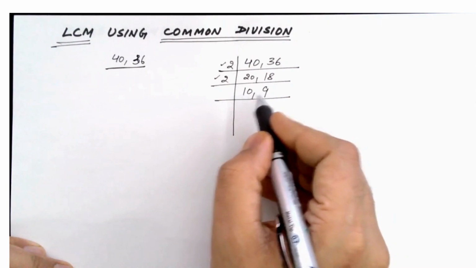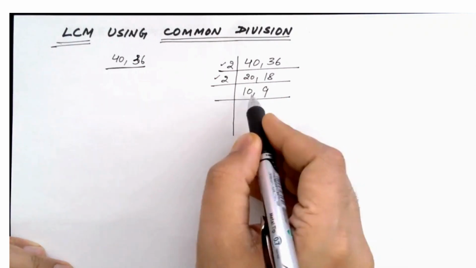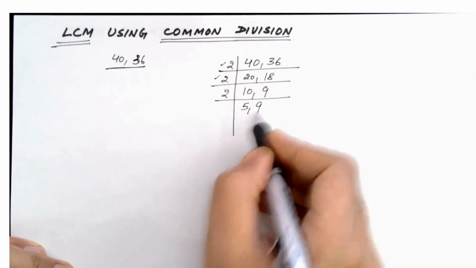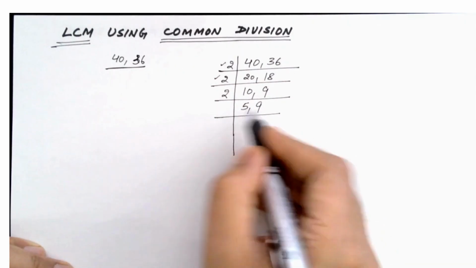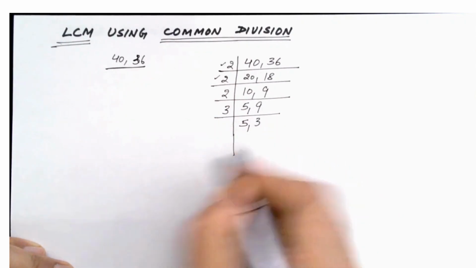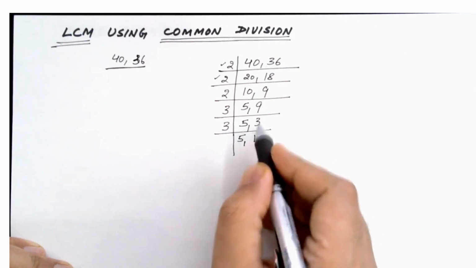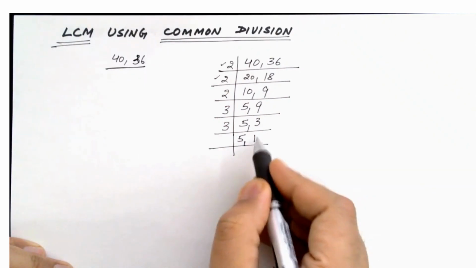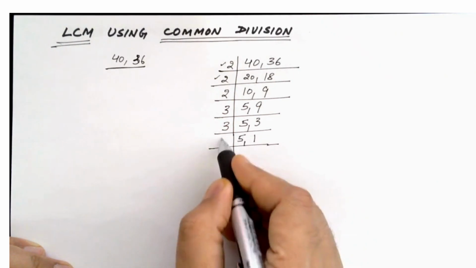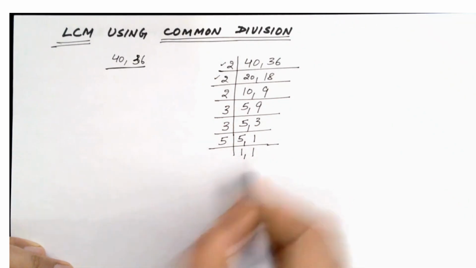Now we have to see what is the next prime number which can divide at least one of them. Next is 2, but it will not divide 9, so we keep 9 as it is. Next we have 3, which cannot divide 5 but can divide 9. Again 3, which cannot divide 5 but can divide 3. Now we have the quotient as 1, and we have 5 which can divide 5 but cannot divide 1.